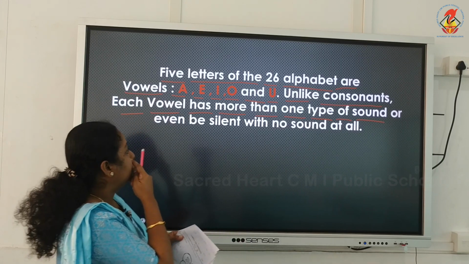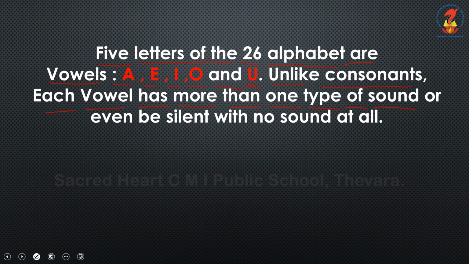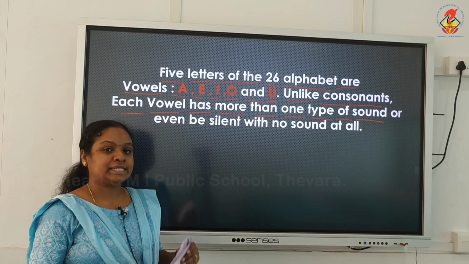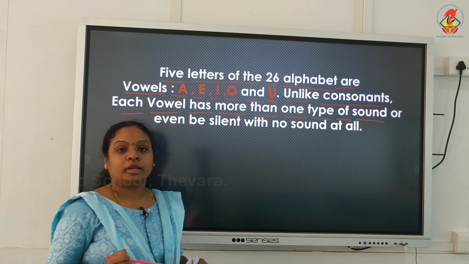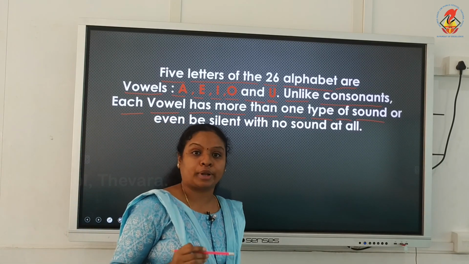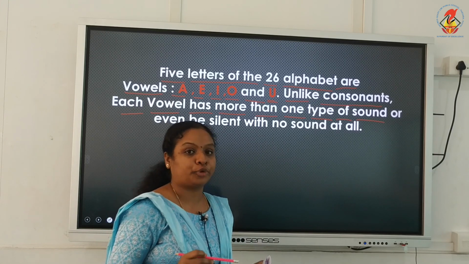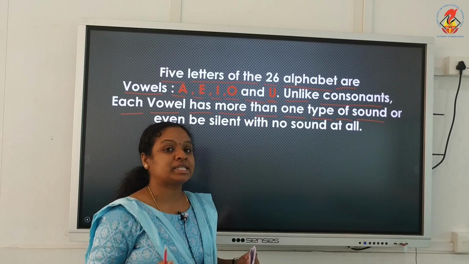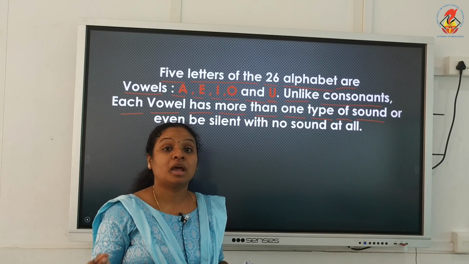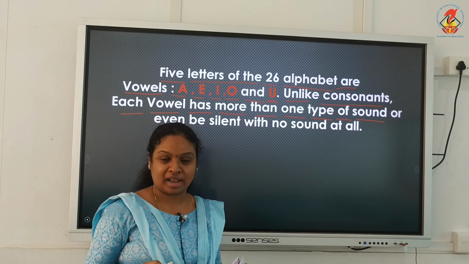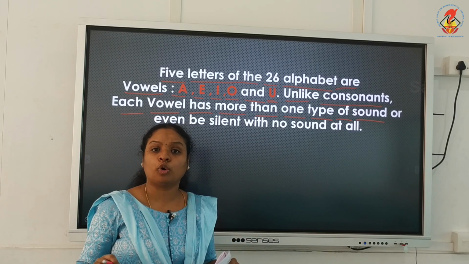For example, if you take the letter U, it has a different sound. Take the word umbrella, U-M-B-R-E-L-L-A. What is the first letter given, children? It's U, and the sound is A. The next example is uniform, U-N-I-F-O-R-M.